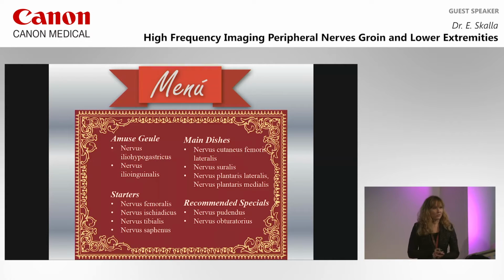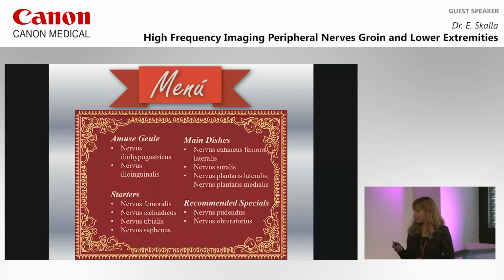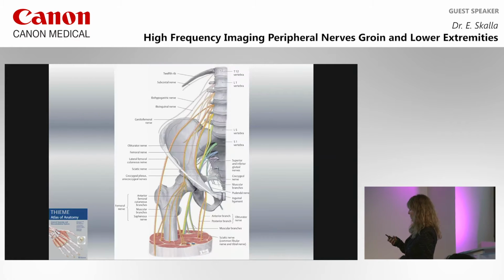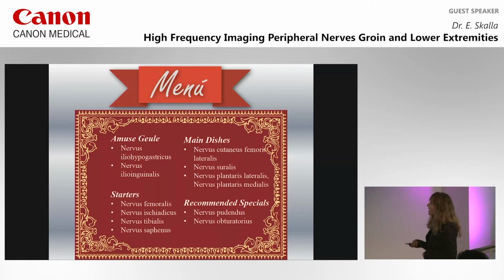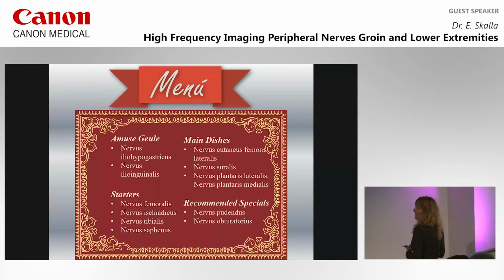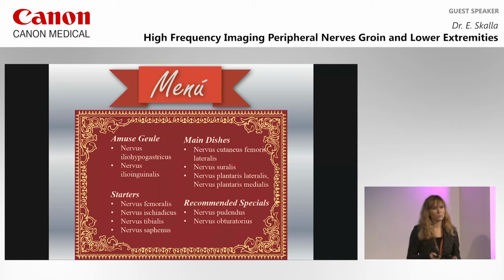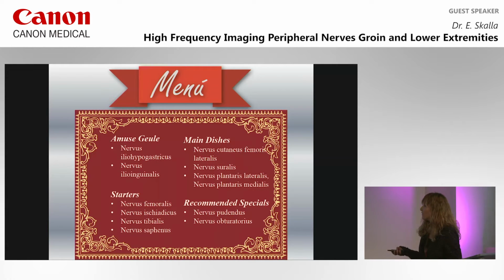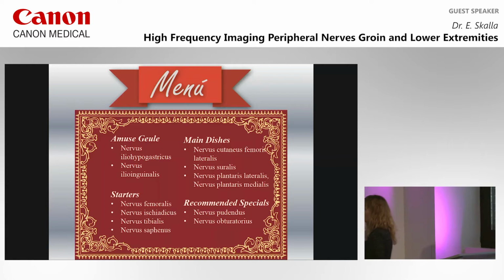So this is the menu for the next hour. I will show you as an amuse-gueule, the border nerves, the iliohypogastric and ilioinguinal nerves. Then some nerves as starters you probably know already, the femoral, ischiatic nerve, and then tibialis and saphenous nerve.